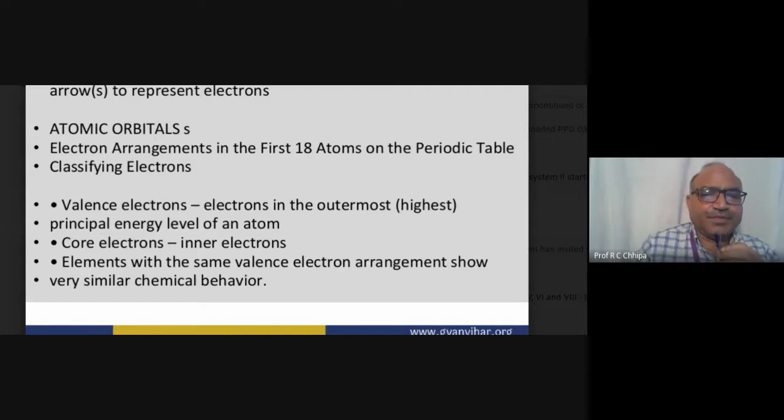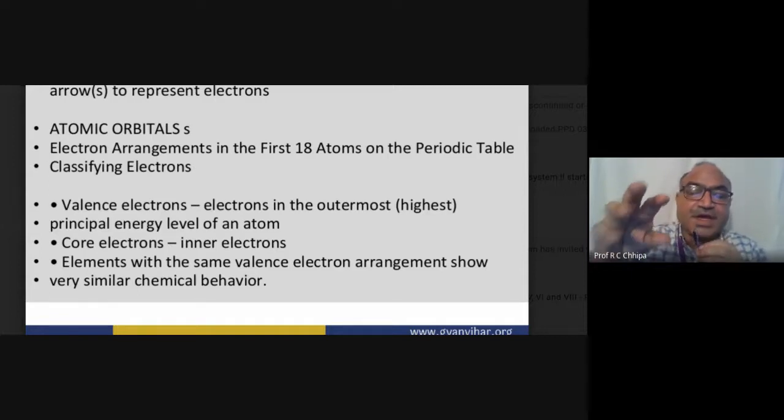So we have hydrogen, helium, lithium, beryllium, boron, carbon 6, 7 atomic number nitrogen, 8 is oxygen, 9 is fluorine, and 10 is neon. So these are arranged up to 10. Where are the electrons? They are in a specified area, and that specified area is the atomic orbital.